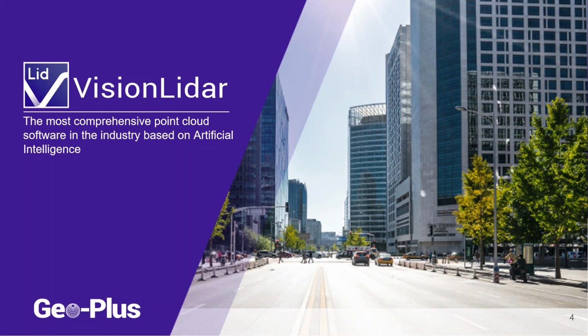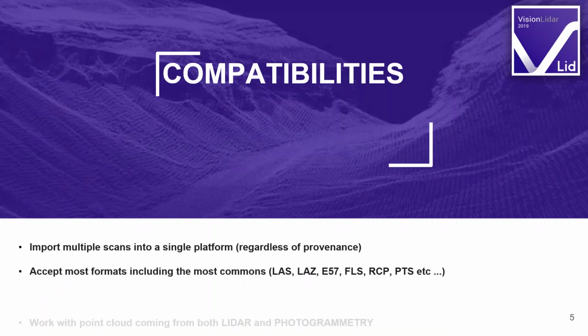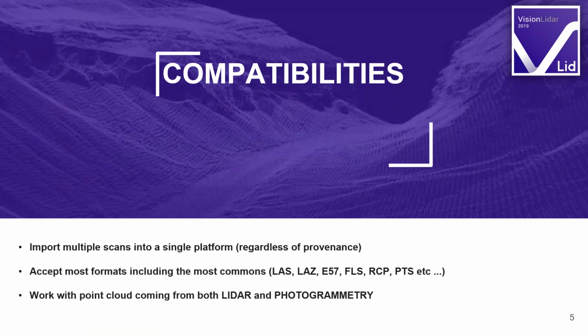Based on artificial intelligence, we developed a software which will help you process all the data in a single step. To do so, we are compatible with multiple scans, regardless of provenance. We accept most formats, obviously the most common, such as LAS, LAZ, and E57, not to mention Recap and FLS from Faro.